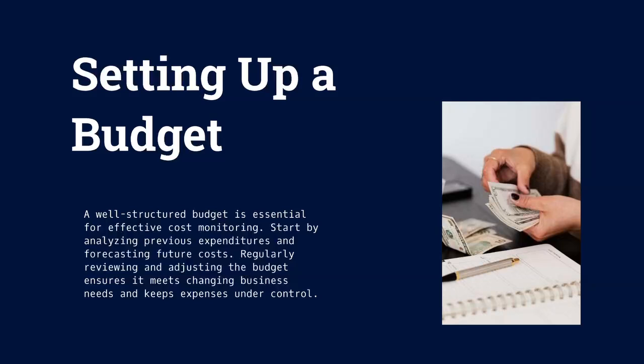So the first advantage of the budget, you can analyze your costs, and the second one, you can control how you're spending your money, right? So setting up a budget is one of the most important and easy to manage tools when we are talking about cost controls and cost efficiency.